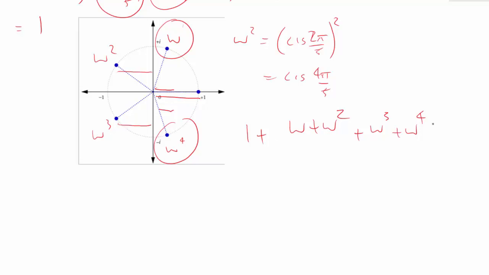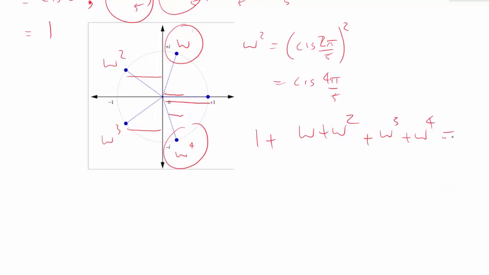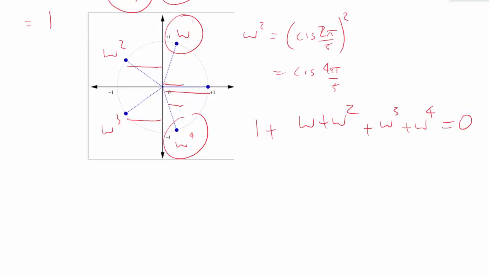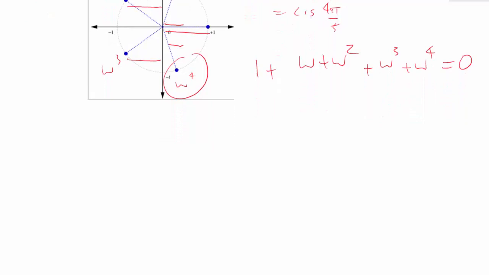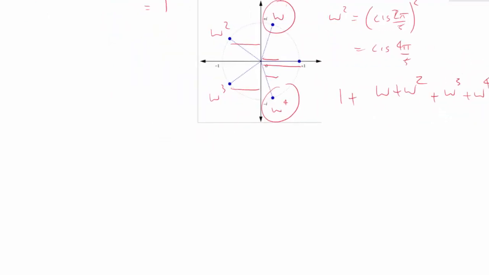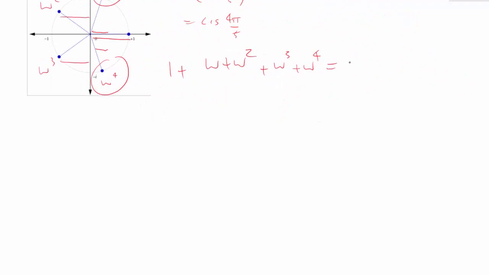In other words, this is equal to 0. Got a nice little proof of that. Let's say we don't know what the roots add up to. So I'll just call it k. I'm going to multiply through by omega. So I get omega squared, omega cubed, omega to the 4th, omega to the 5th is k omega. Now, what is omega to the 5th?